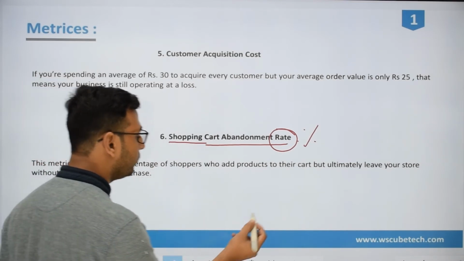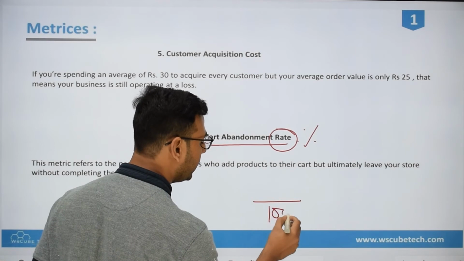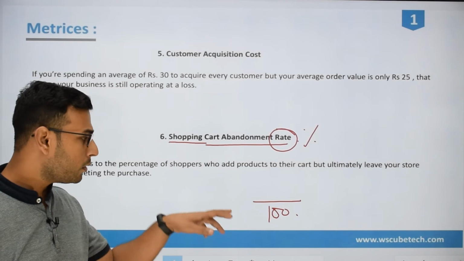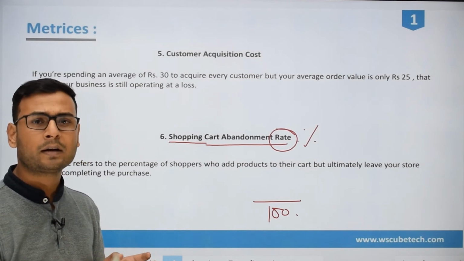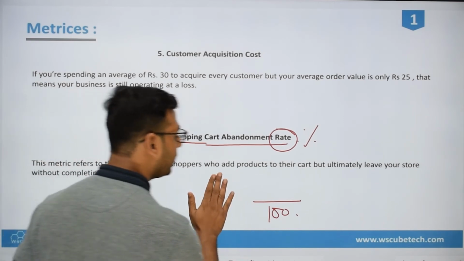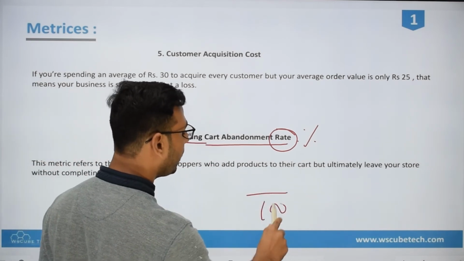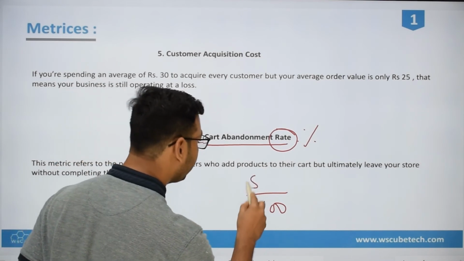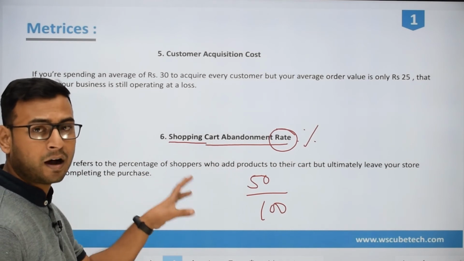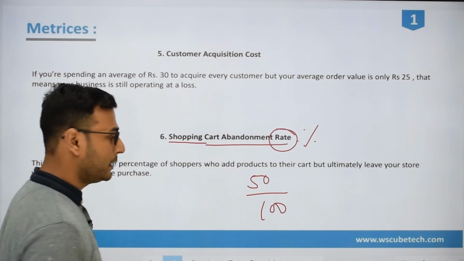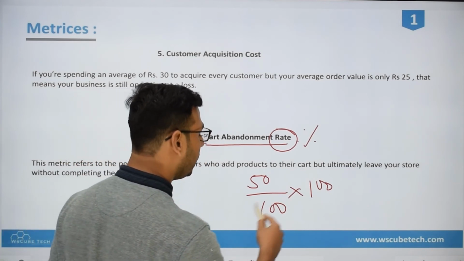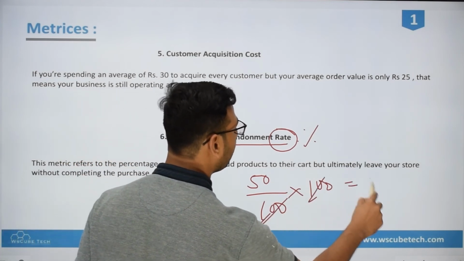Suppose there were 100 people who added a product to their cart, and only 50 people purchased, and 50 people left without making a final purchase. Then if you multiply it by 100, you will get the shopping cart abandonment rate, right? It will be 50%.